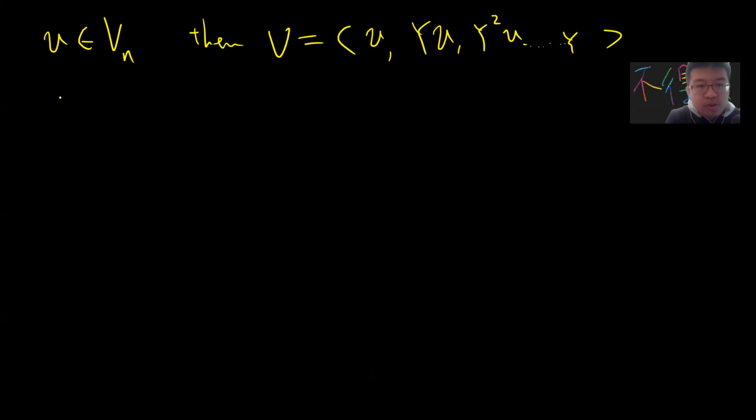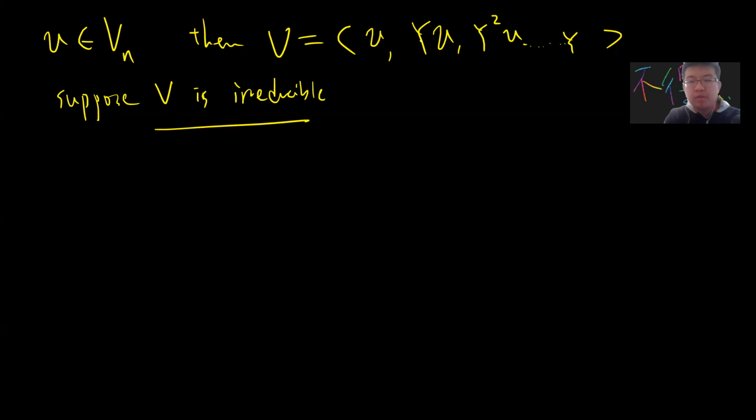Suppose v is given, and I want to claim that the span of the y^k v is irreducible, and see what the constraint is.